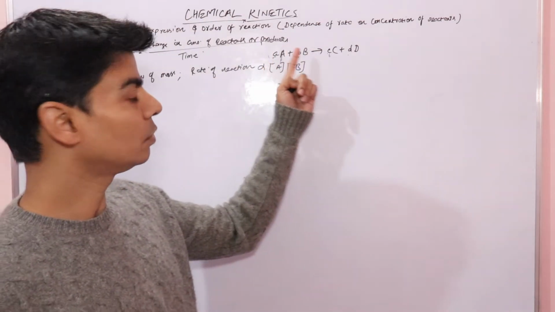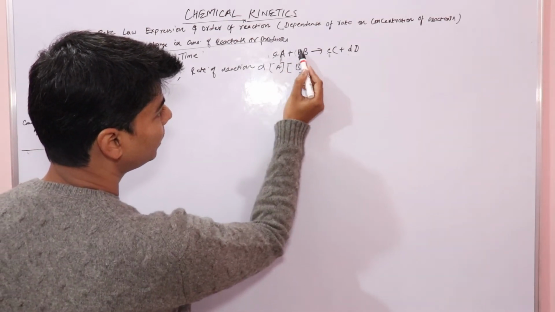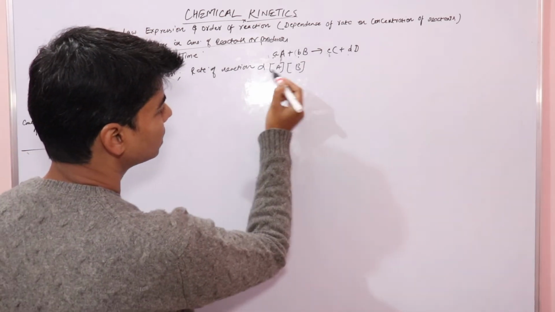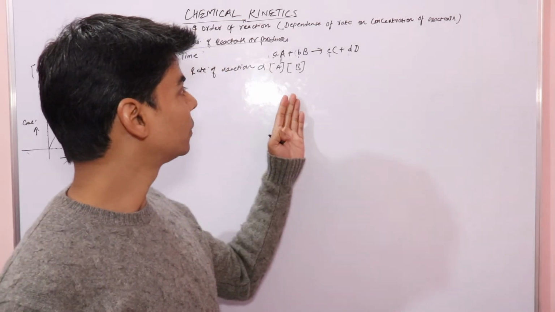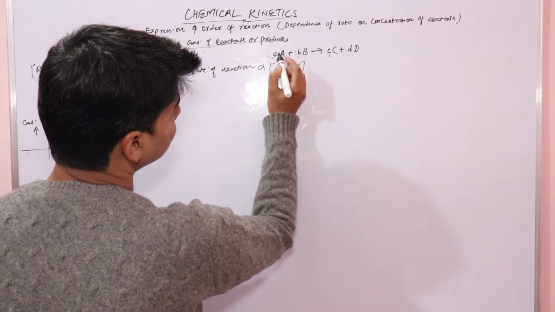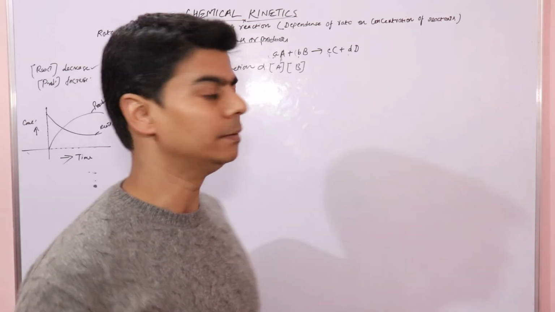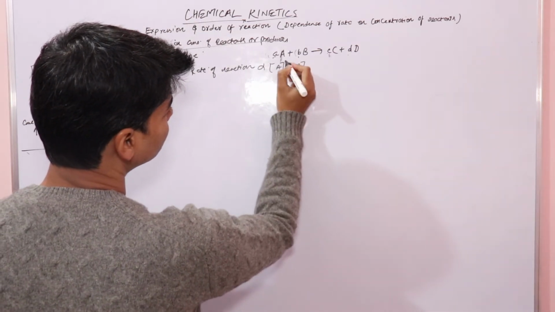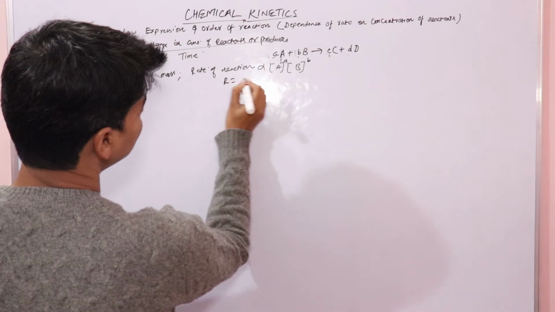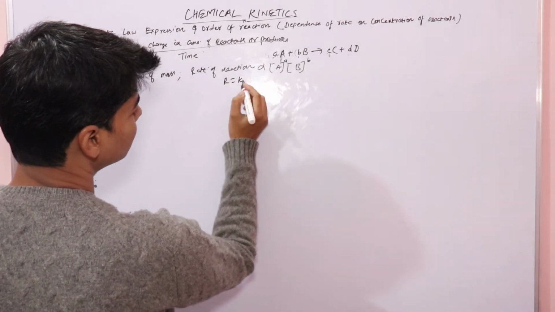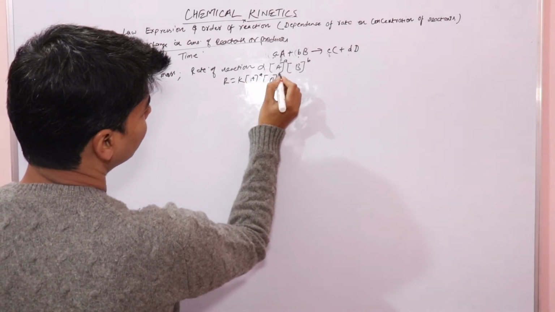This a and b are your concentration terms, that is, the number of moles. Small a is the number of moles of A, and b is the number of moles of B. So the rate of reaction depends on the product of the concentration of A and B raised to the power of the number of moles of A and B. If I remove this proportionality sign, I'll put a constant k, so rate is equal to k[A]^a[B]^b.